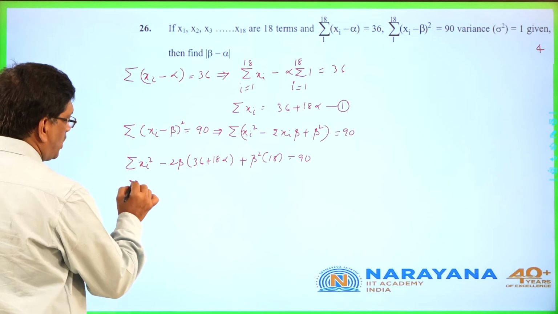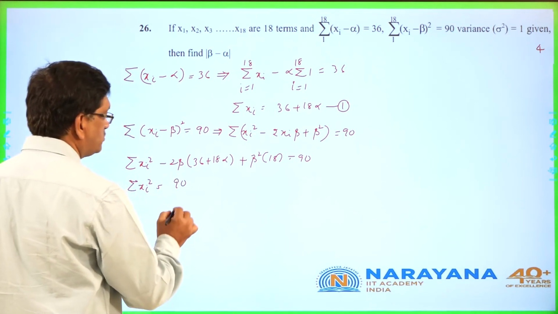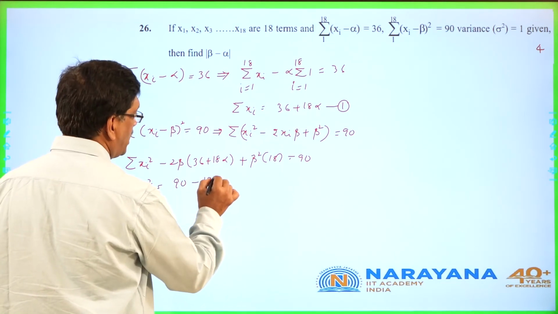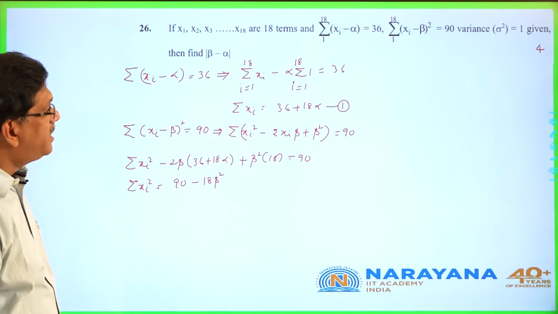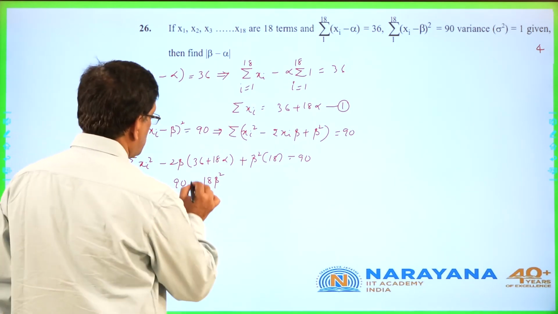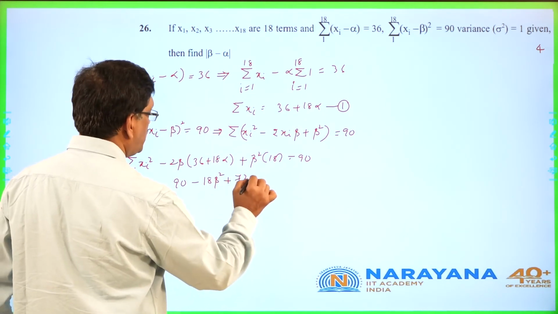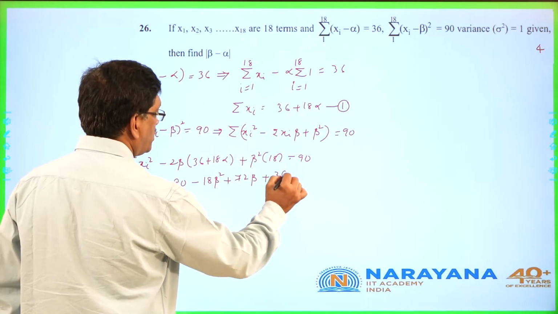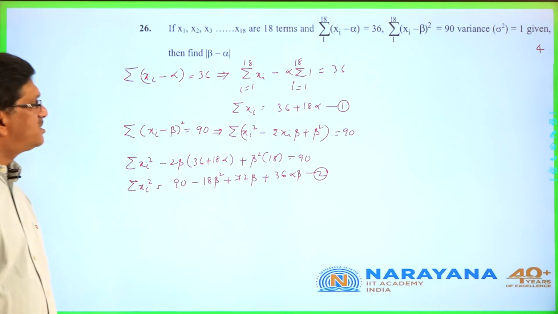Now from this one, sigma xi square is 90 minus 18 beta square, minus of minus plus 72 beta plus 36 alpha beta. This is the second one.